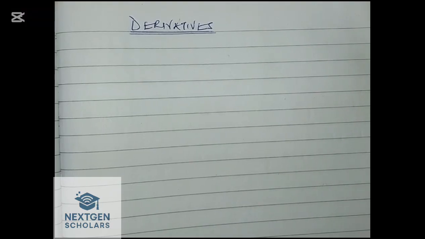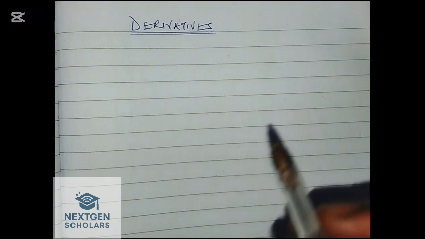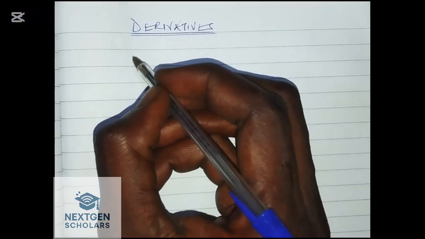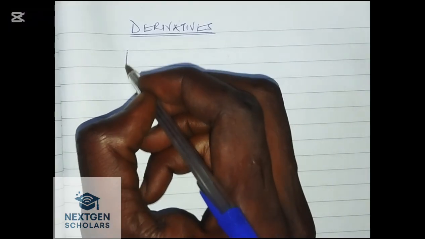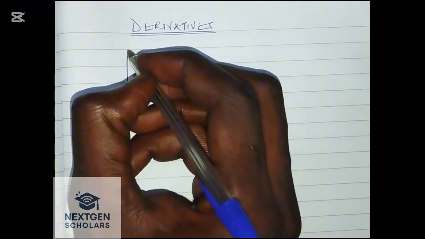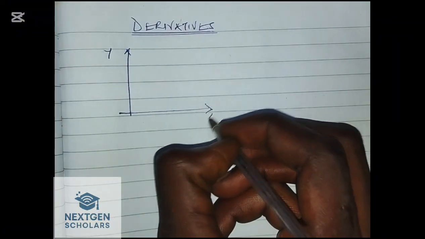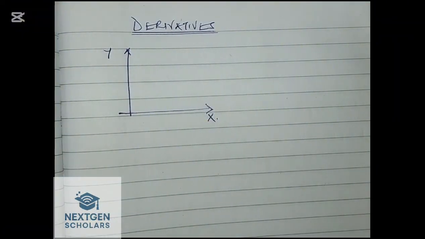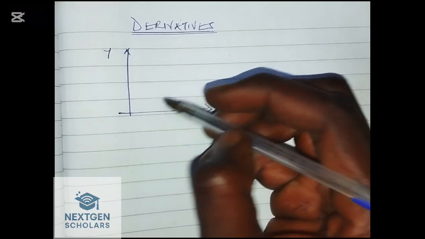And what do we mean by this? What do we mean by giving us the slope of a tangent line? Take a look at our xy plane. Pardon my graph, we have our y axis and our x axis, and some function in this manner.